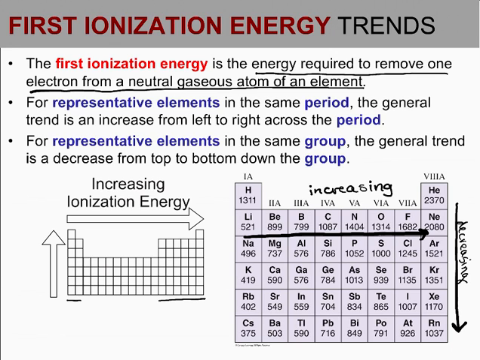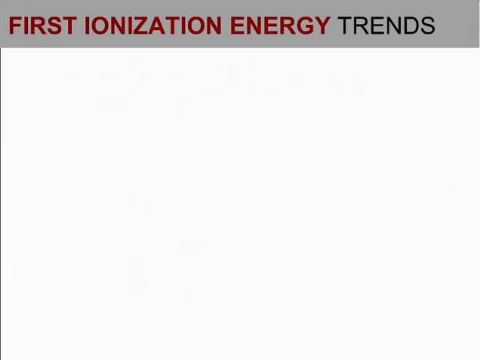So let's talk a little bit more about what this ionization energy is. So for example, if we look at lithium again, we said that lithium has 2 energy levels, and 2 of its electrons are in the first energy level, and 1 of its electrons is in that second energy level.